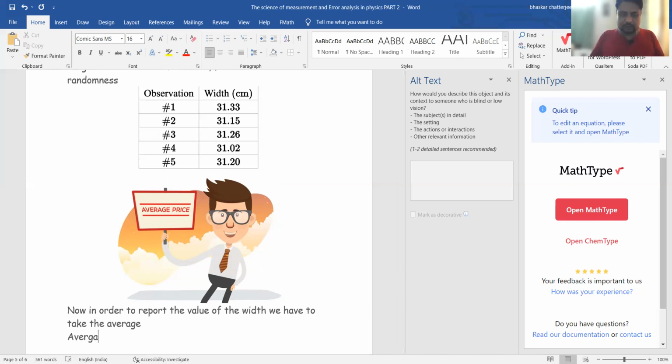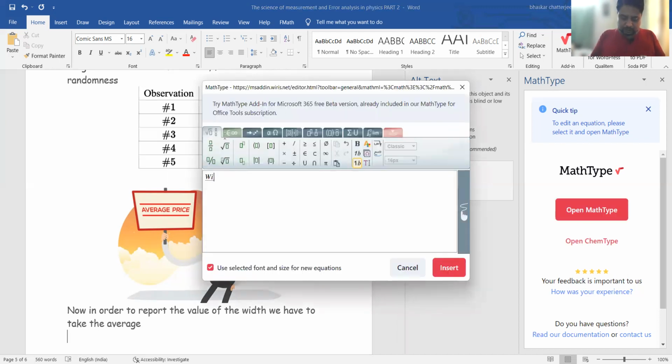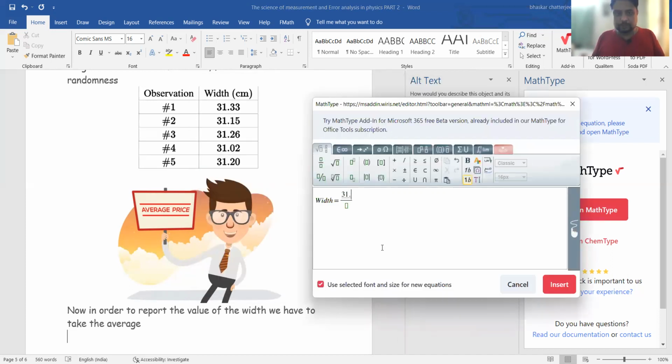Let us calculate the average width. Width is, of course, average. It is a fraction: the sum of all the values, 31.33 plus 31.15 plus 31.26 plus 31.02 plus 31.20, and you divide it by 5.